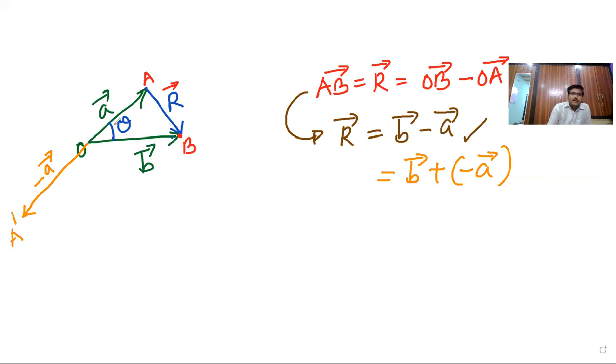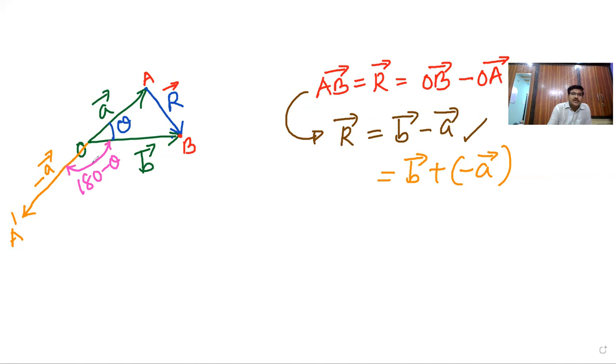If theta is the angle, then this angle is how much? Complete, this is 180. Here to here is 180. If this is theta, then this angle becomes 180 minus theta.